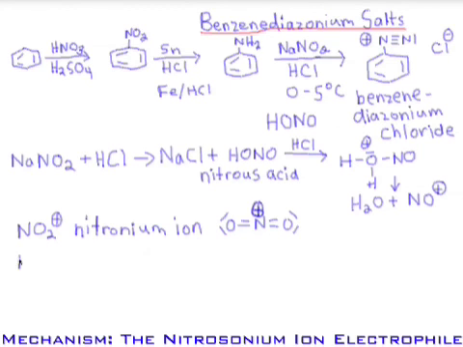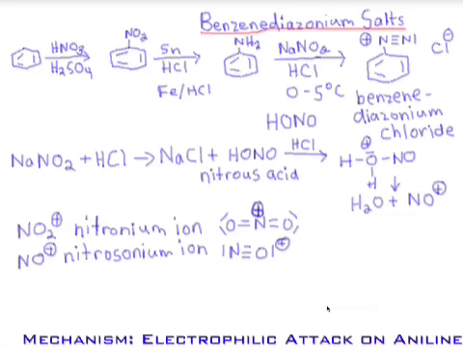NO plus is referred to as nitrosonium ion. And it has the Lewis structure where there's a plus on the oxygen. This is the electrophile. The nitrosonium ion is the electrophile that reacts with the aniline that gets us started in the formation of our Benzenediazonium chloride.